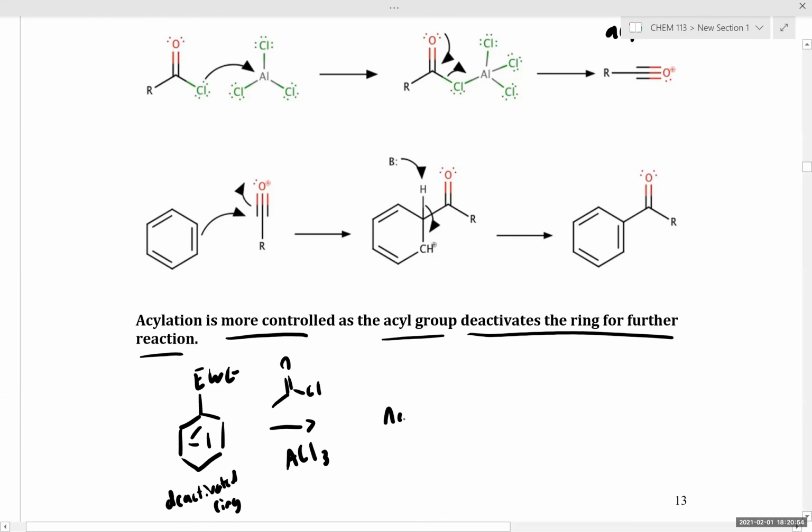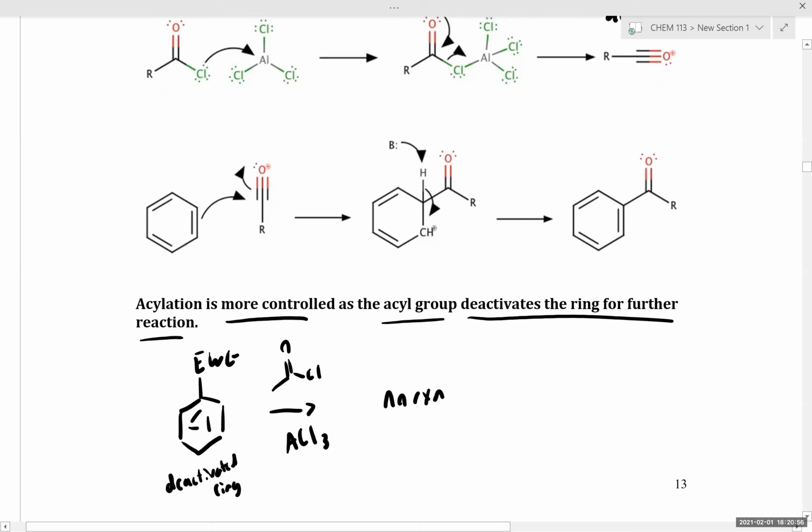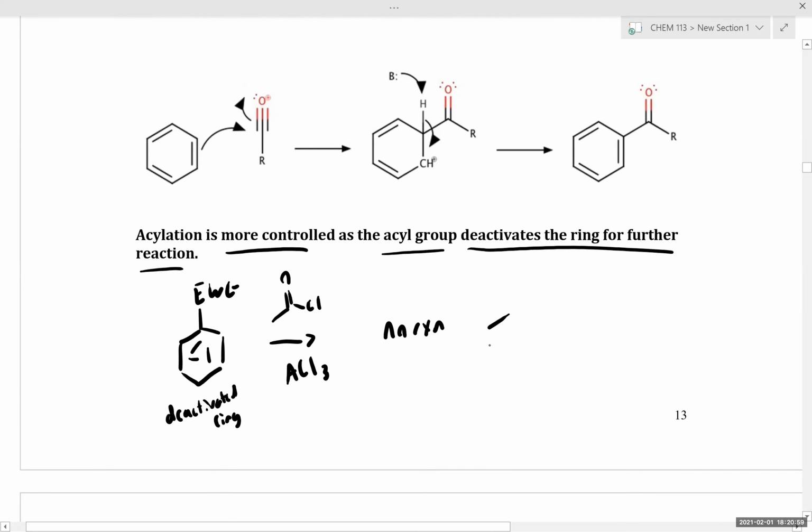No, right? And this is a benefit because what that means is if we subject an aromatic ring to Friedel-Crafts acylation conditions, we will get one and only one installed acyl group.